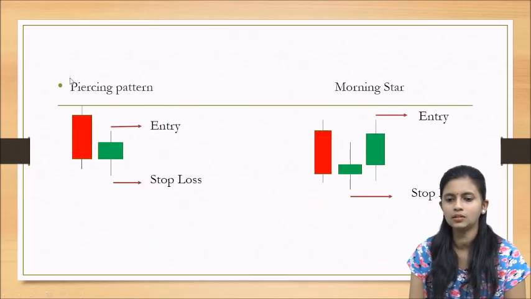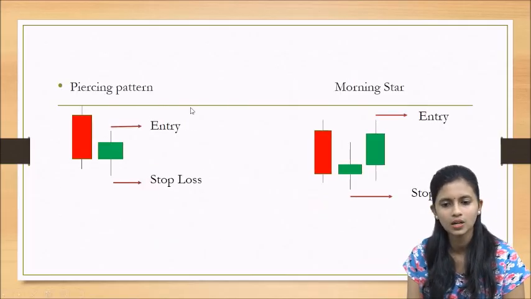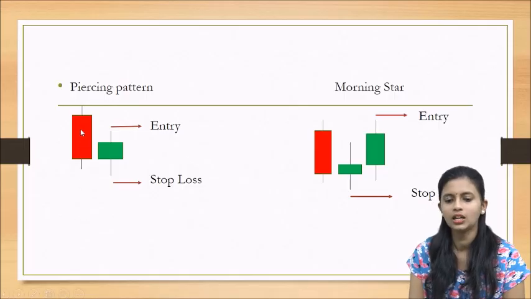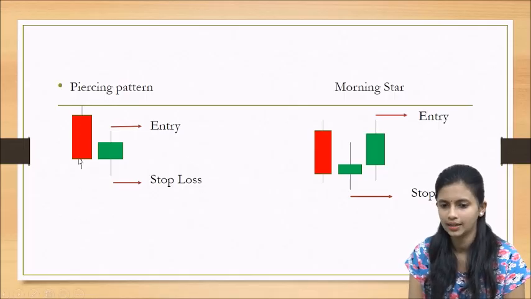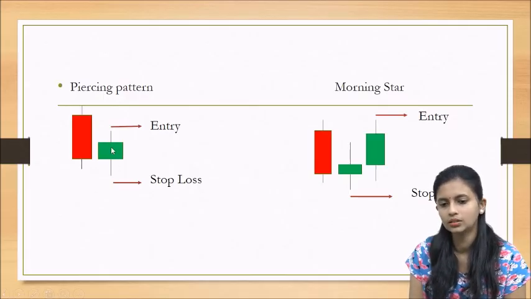So the next reversal pattern is the piercing pattern. Okay, here you have a big red candle, then you have a small green candle. You can see here that this green candle can be a doji also. Most probably it will be a doji.